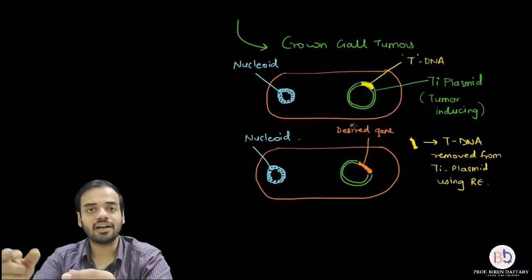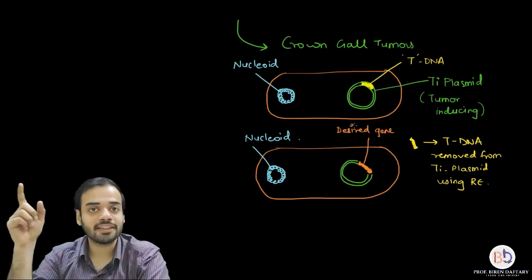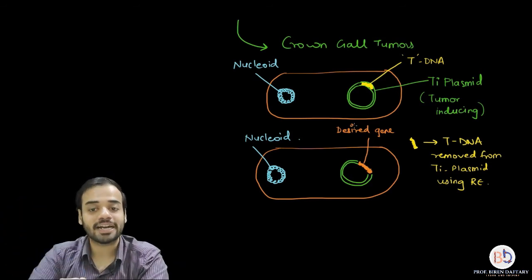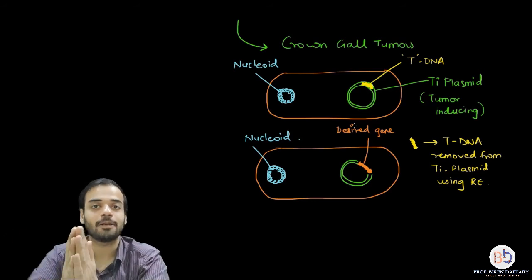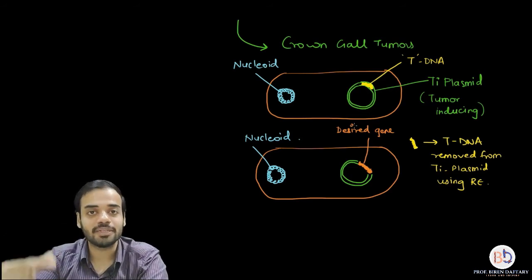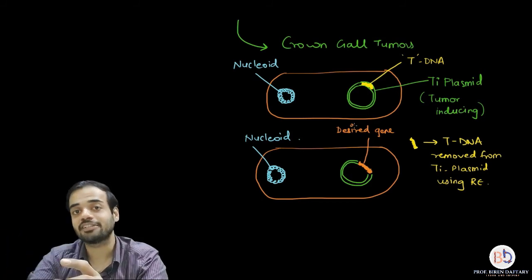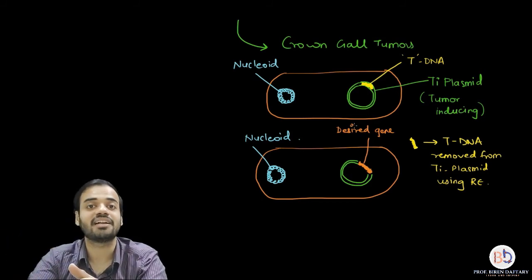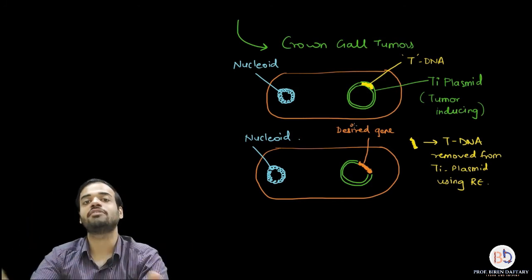Now I will allow the Agrobacterium to infect the apple plant. When the apple plant gets infected, it will release the Ti plasmid into the genome of the apple plant. The Ti plasmid will not release tDNA because tDNA has been removed. Instead, it will release the desired gene. The desired gene will mix with the plant chromosomes and show its effect.